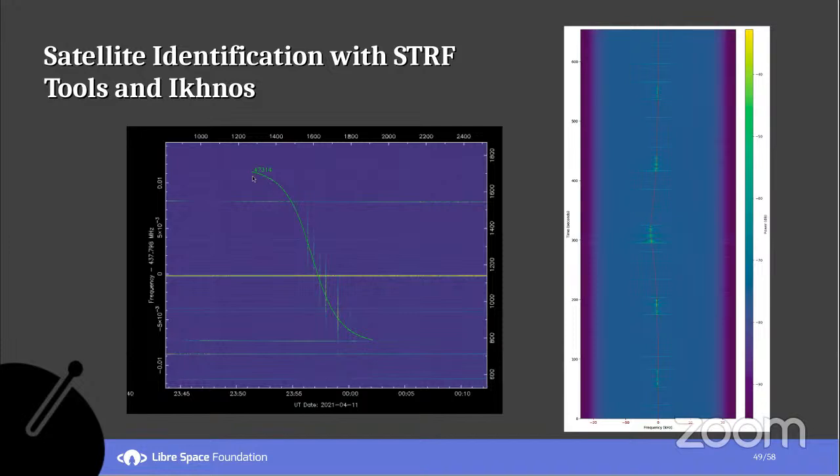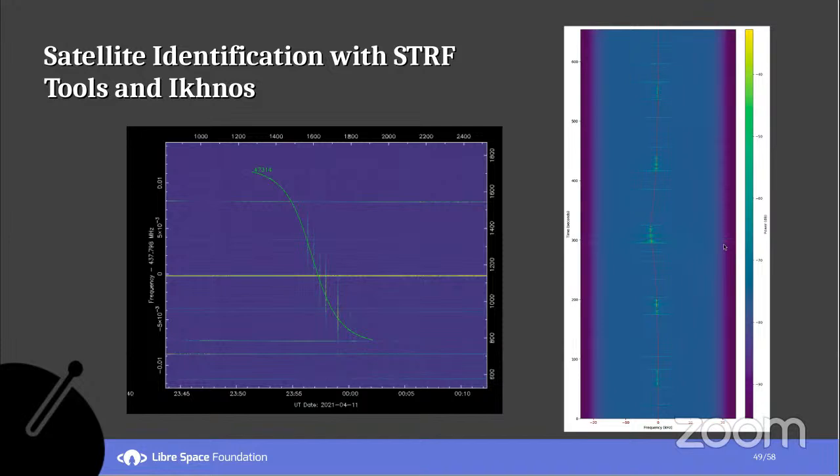So here you can see the green line, which is the orbit we expected from the object 47314, with this NORAD ID, and we can see that it follows the transmitted lines here, the vertical yellow lines. In a similar way, here we have the signal, and with the red line, which is the expected orbit, we can see that it follows almost exactly the satellite.